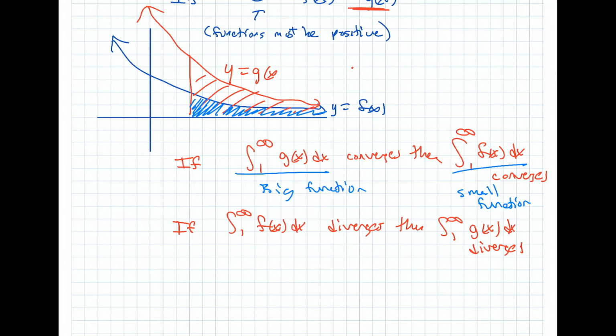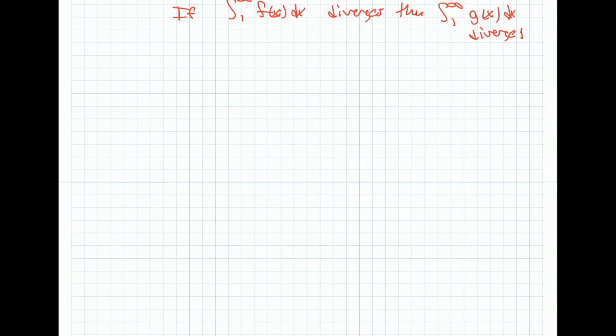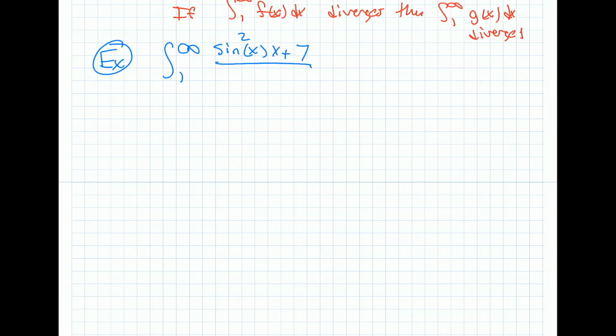Okay, let's do one of these. So here's how you would use this theorem. You use it when you have an integral and you don't want to do the integral, or you can't do the integral. Here's how you use it. Sine squared x plus 7 over x squared plus 10.